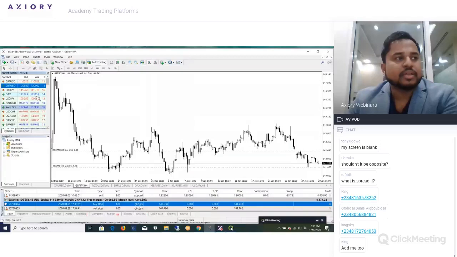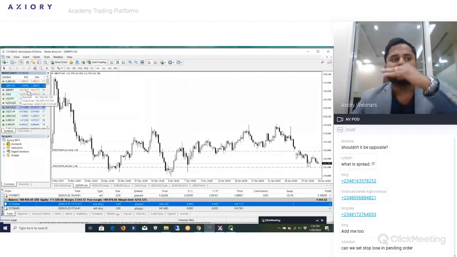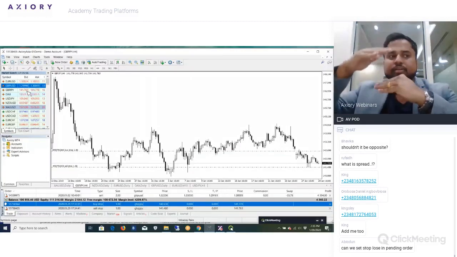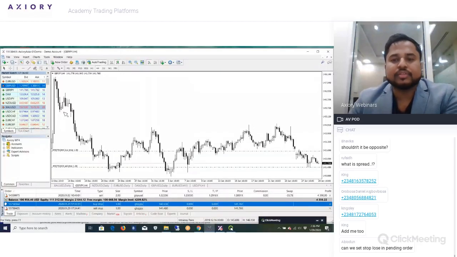The spread is basically the difference between the buying and selling price. For example, you're trying to buy at this price, but you get the price only at this price. The difference is called the spread. It's called the brokerage or the spread. And you should always select a broker with a minimum spread.